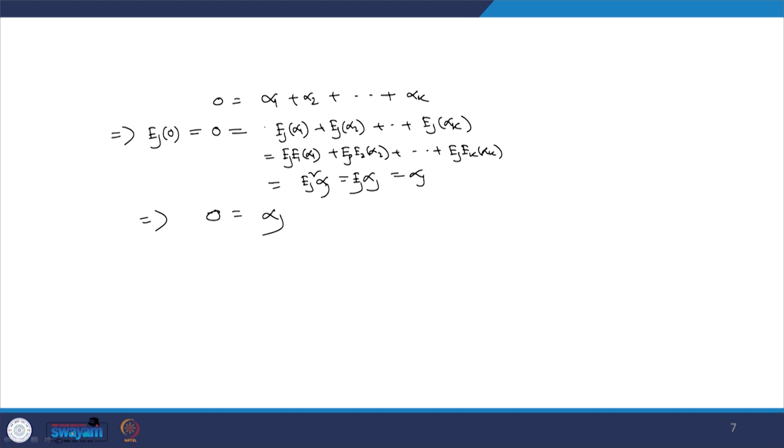Okay. So, similarly, one can show that alpha I equal to 0 for I equal to 1 to k.